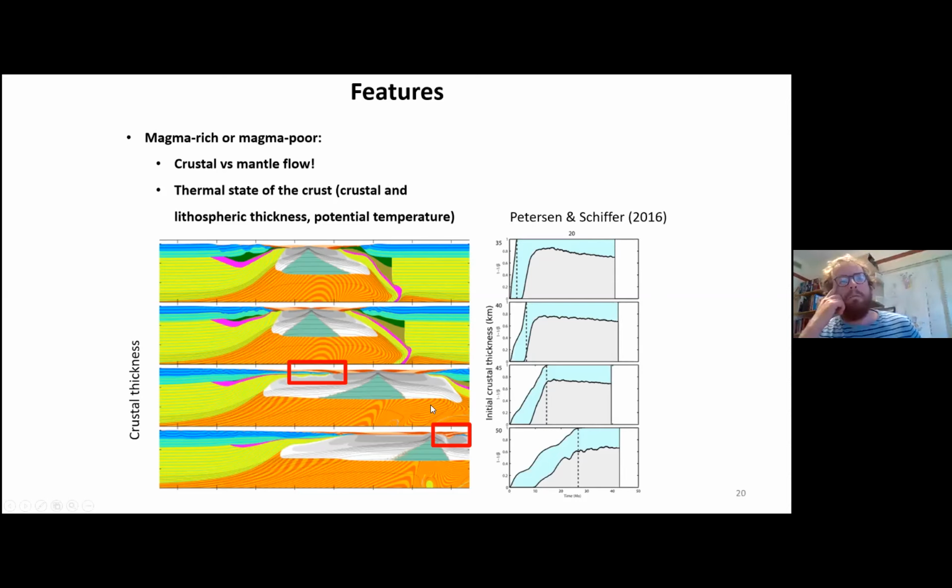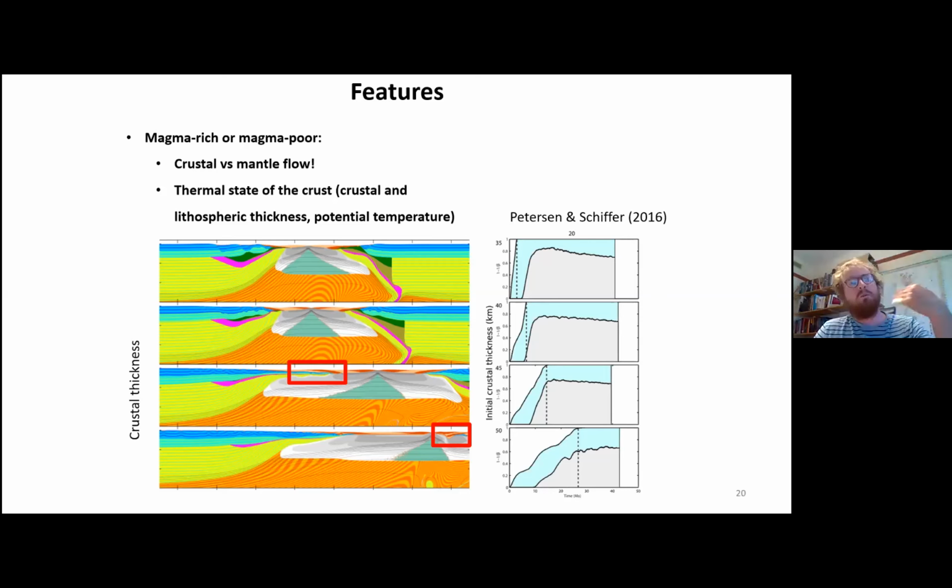But what is also very interesting is that just by playing around with the crustal thickness, and thereby the total crustal heat production and thereby the crustal temperatures, we could let the crust become warmer or colder. In case of a warmer crust, we got crustal flow, so the crust could extend much more, and at the same time we could extrude volcanics on top of it.